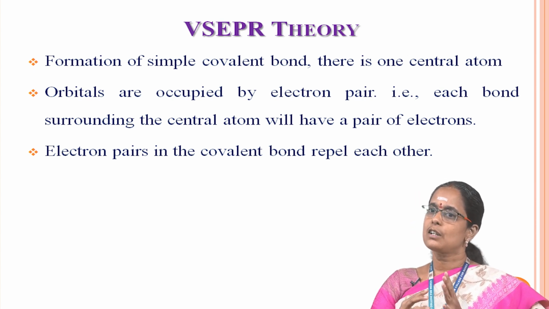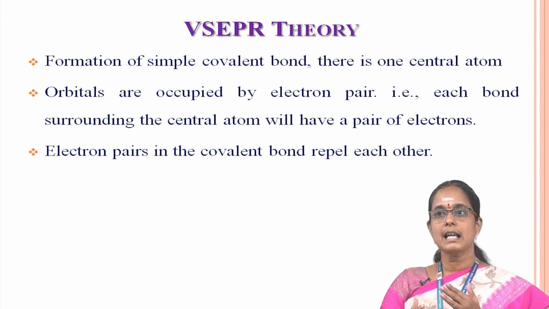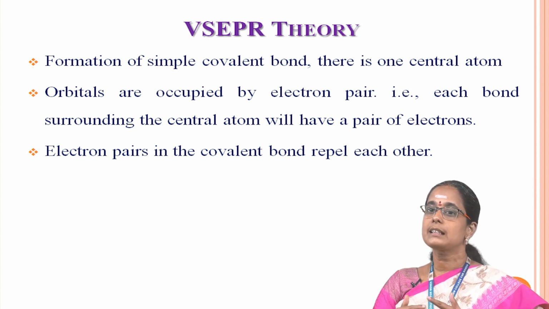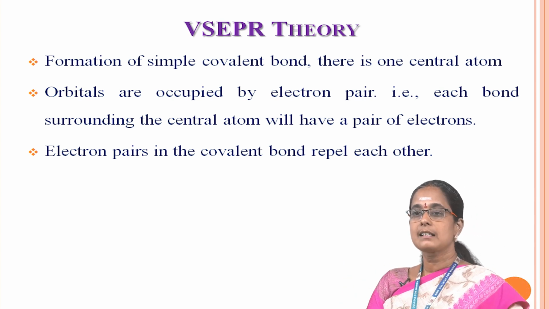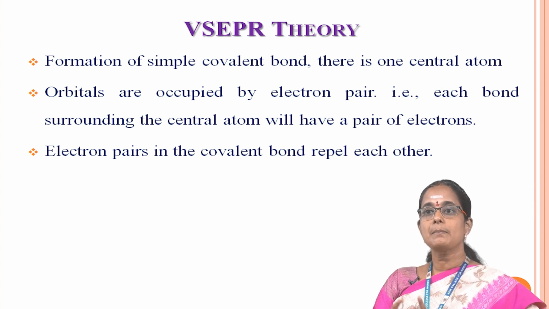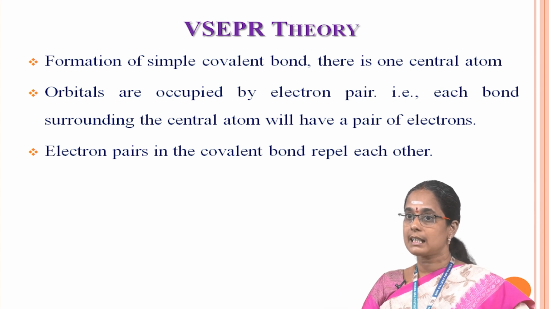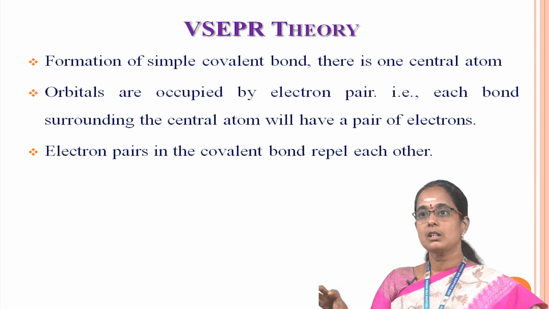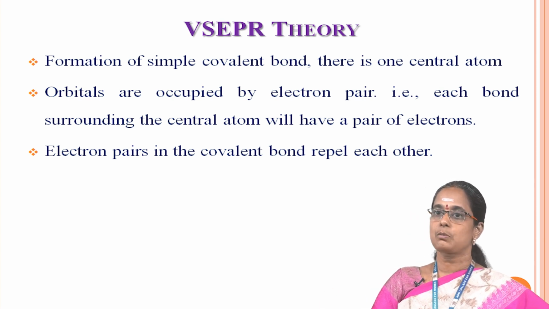When the central atom forms more than one covalent bond, there will be more than one such orbital surrounding the central atom. Since the electrons experience electrostatic repulsion from one another, the orbitals containing electrons also experience similar electrostatic repulsion. The orbitals therefore tend to keep apart from one another as far as possible.